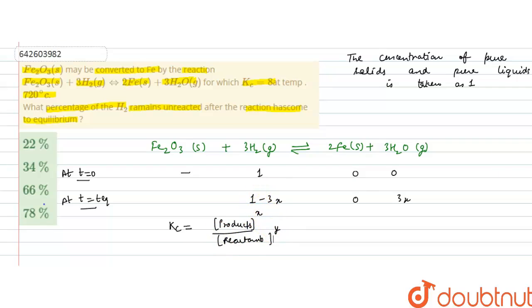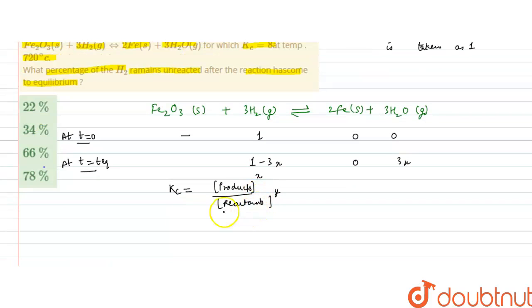Now if we write the Kc for this reaction, the product is only water we will consider, because iron is present in solid state and pure solids and liquids are not taken into consideration. So it will be the concentration of water raised to the power its stoichiometric coefficient, that is 3, divided by the concentration of hydrogen raised to the power its stoichiometric coefficient, that is 3.